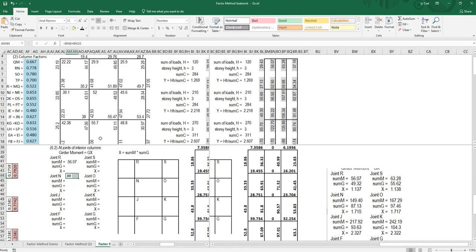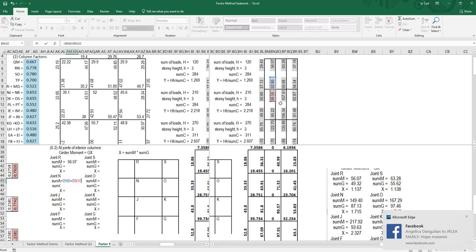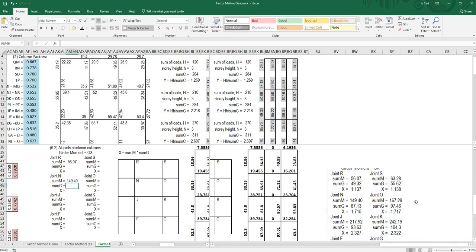Sorry. Dito pala. 52.9 plus 96.5. And then, dito na sa joint J, that would be 95.22 plus 122.7.